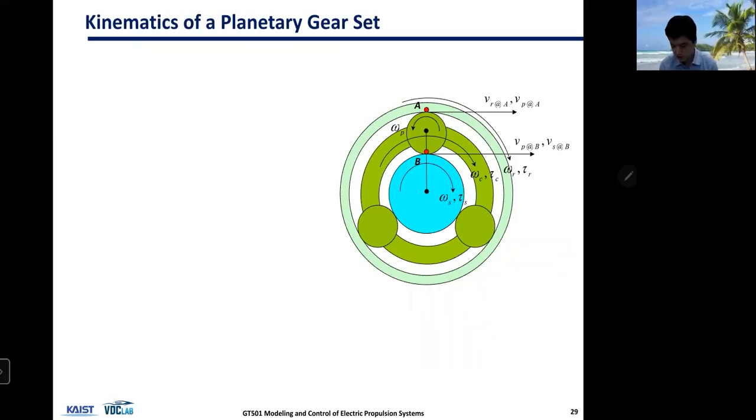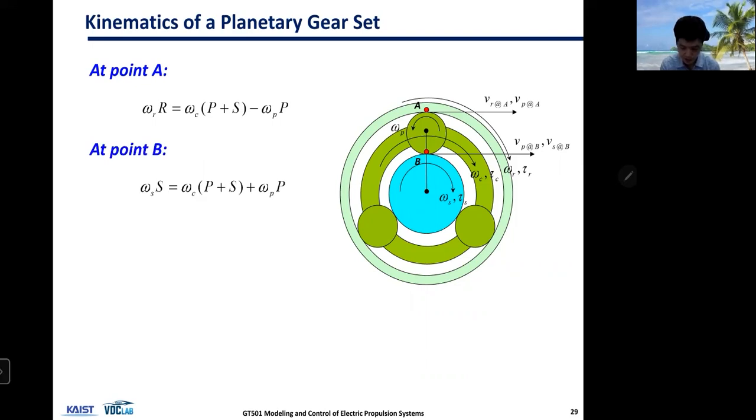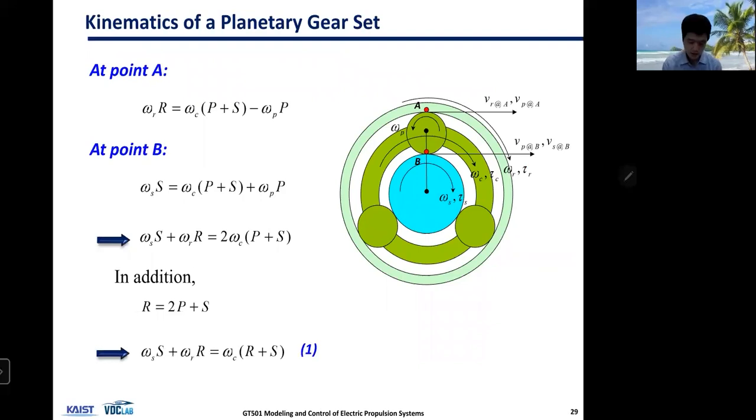To explain better how a planetary gear set works, this is the kinematics of planetary gear sets, meaning the geometrical relationship between different shafts and gears. Based on this drawing, you can derive these kinematic equations, point A, point B, and by plugging in these equations, you can come up with this equation, which is a sort of constraint and kinematic equation.